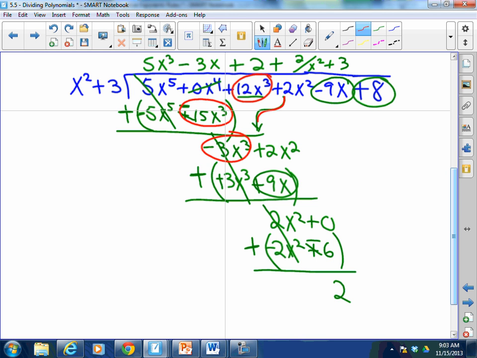And then I brought down my 2x squared. In this step, I can't add 2x squared and 9x. So 2x squared just dropped down. And then 9x plus 9x worked out to 0. And then at the end here, I had a negative 6 plus the 8 gave me a 2. Does that make sense?